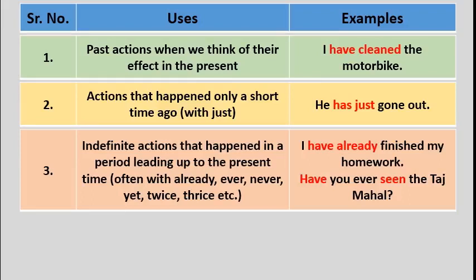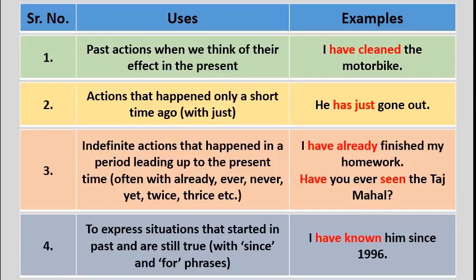They are already, ever, never, yet, twice, thrice, etc. Or we can say to describe past events when we think more of their effect in the present than of the action itself. For example, I have already finished my homework, means now I am free. Have you ever seen the Taj Mahal?